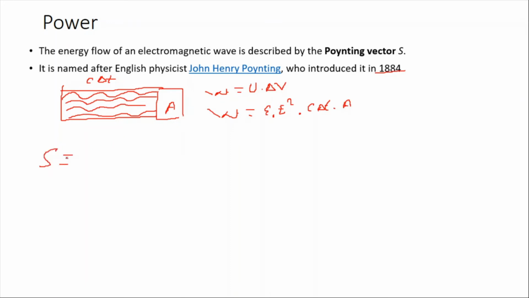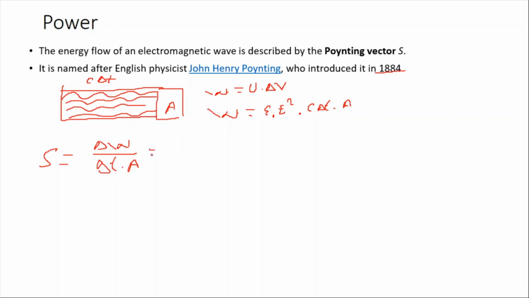It is the energy delivered to the area per second. That's why this is going to be energy divided by delta t, which is the power, divided by area.